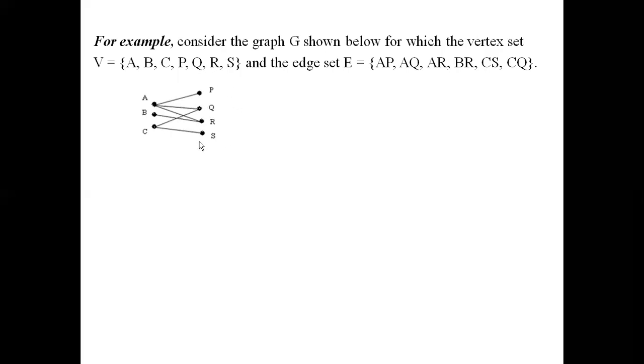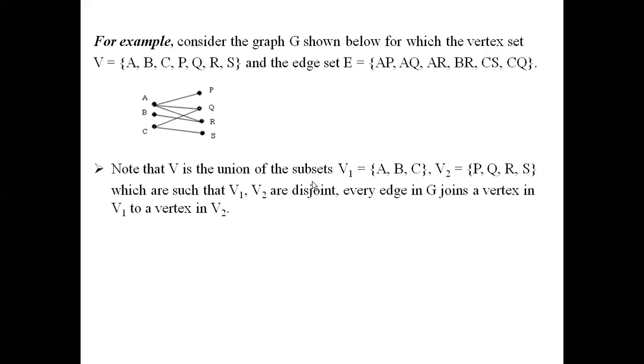And we observe that a vertex from V1 is joined to a vertex in V2. And no two vertices of the same vertex set are joined by an edge. These edges are joined, that is AP, AQ, AR are joined here.